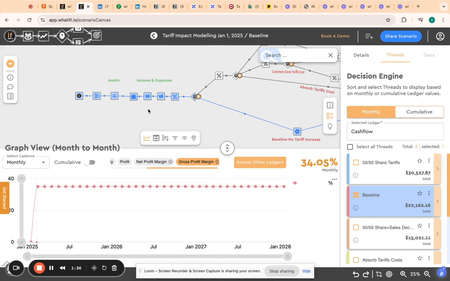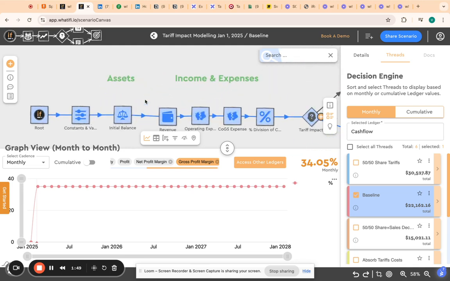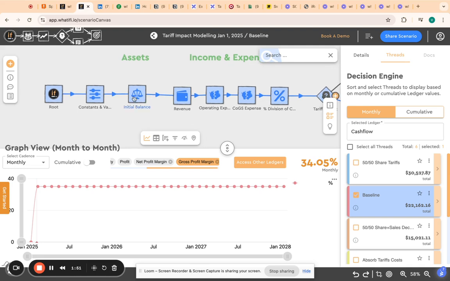The Whatifi platform operates on a node based architecture, making it easy to visualize different financial scenarios. I have preloaded some example numbers to illustrate how different tariff increases impact profitability. Baseline scenario where there is no tariff increase. In this scenario, we have revenue which is $100,000.